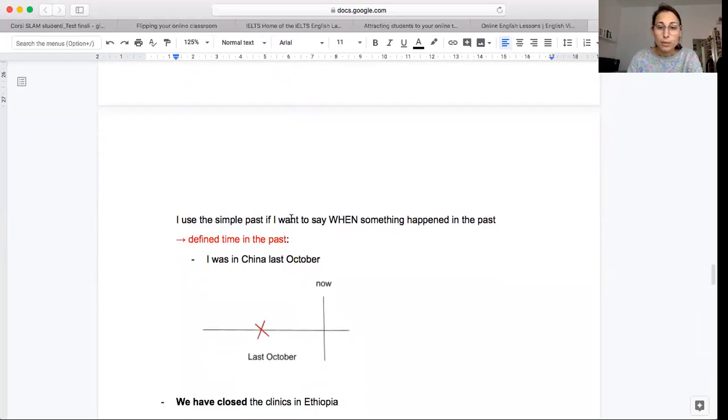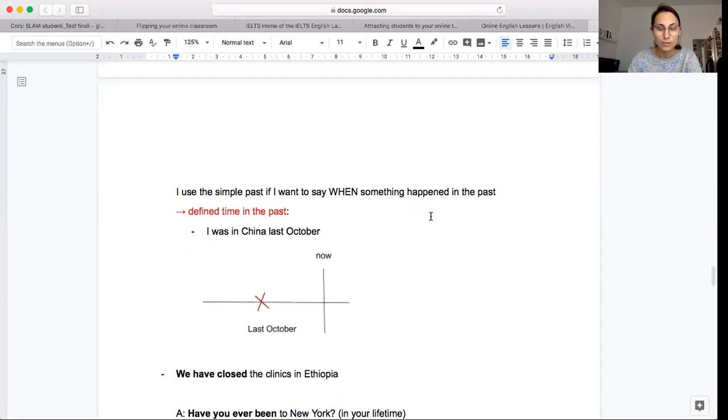I use the simple past if I want to say when something happened. Okay, so that's the difference between the two. For example, I was in China last October. Last October, just one point in the past. Specific time in the past, defined time in the past. So I use the simple past, was.